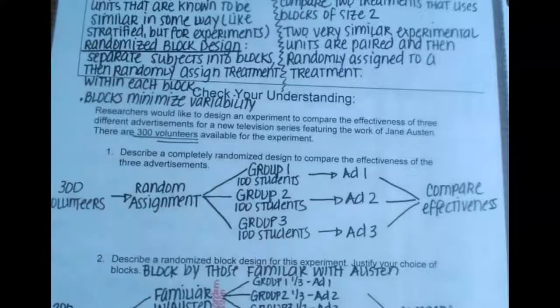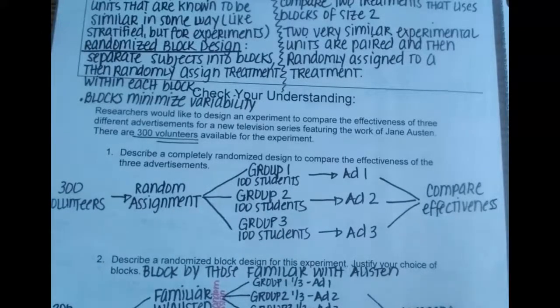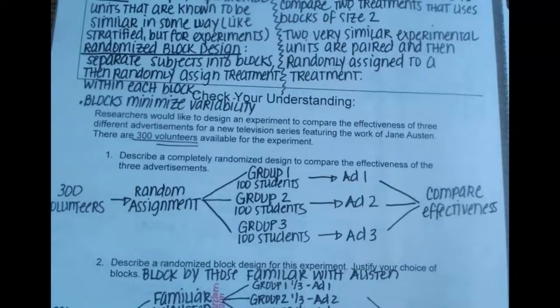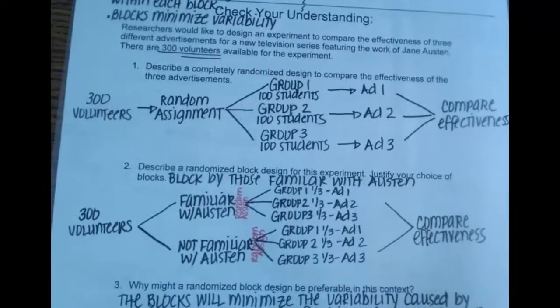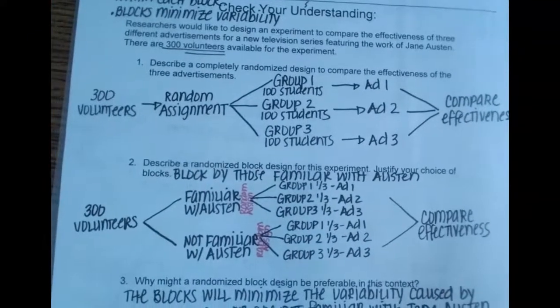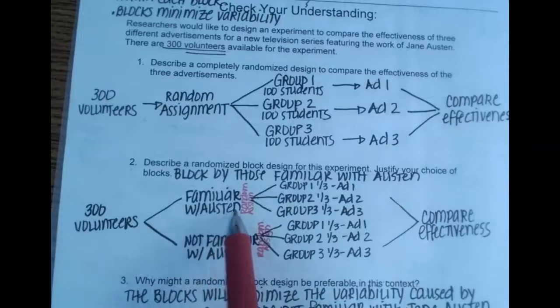Okay, so now we're going to make a block design. Coming up with the blocks can be hard, but I was thinking if people are familiar with Jane Austen, that could make a difference in their reaction to the different ads. So I went ahead and blocked: are they familiar with Jane Austen or are they not familiar with Jane Austen?